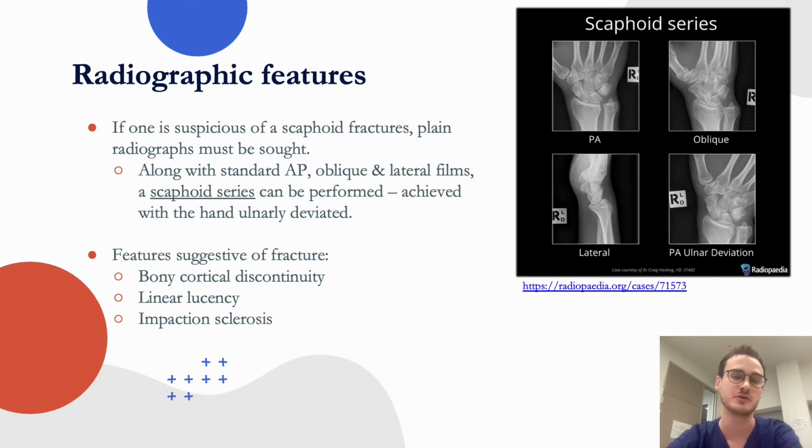So a scaphoid series is when the hand is deviated to achieve better visualization of the scaphoid. And just like any features of fracture, you're looking for discontinuity of the bony cortex, any linear lucencies, or impaction sclerosis.